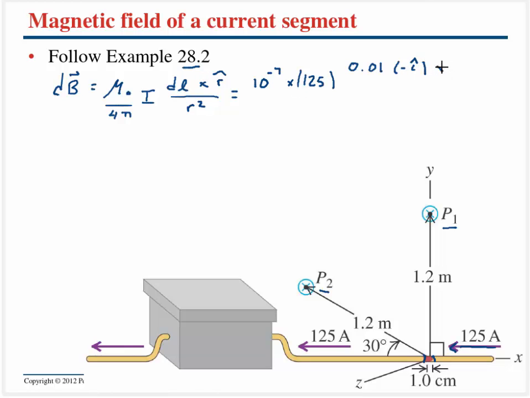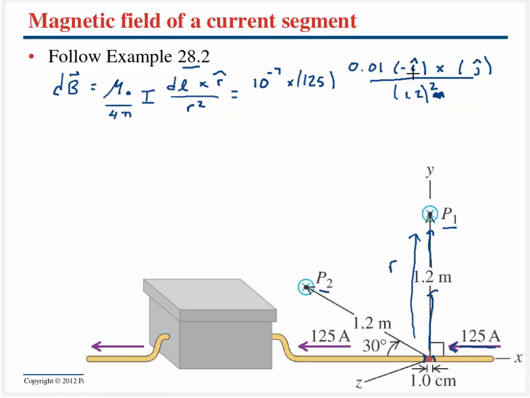We're going to cross that with a unit vector that's going to point from our source, the 1 centimeter chunk, up to point P. That's in the positive j hat direction. And we're going to divide that by that distance right there, which is 1.2 meters. Make sure I square that right here.